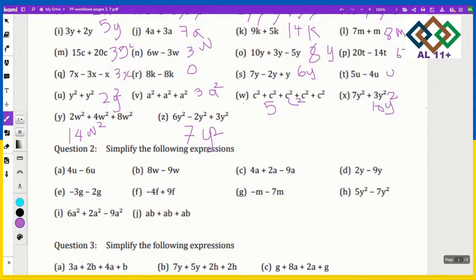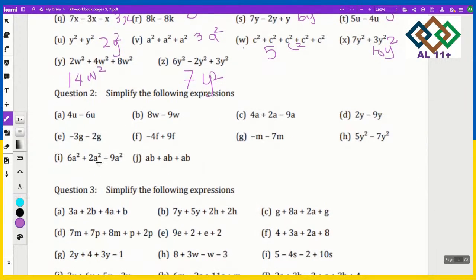So 4u minus 6u, you will minus it and you will take the sign of 6 because 6 is bigger than 4. That would be minus 2u. So for this one, it will be minus 2u.